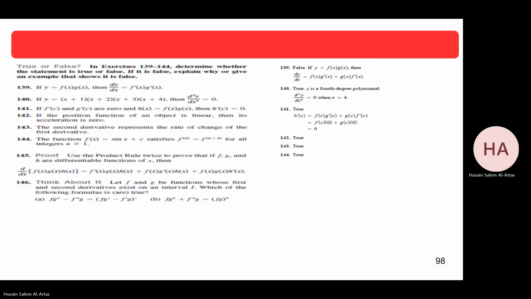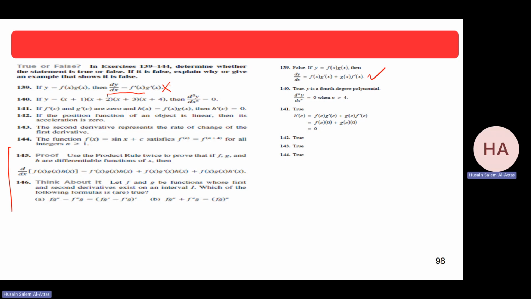Okay. True or false? Then I will try to do these two in the next page. If y equals f of x g of x, then dy over dx equals this, which is very clearly wrong. This is the formula. So this is wrong.